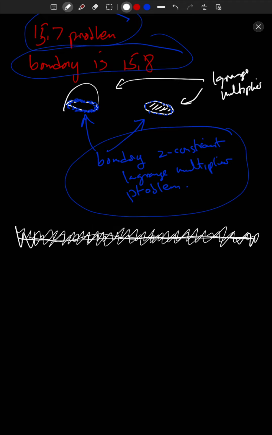So this kind of stuff can really test everything in the class up to now. All right. So make sure you're very, very comfortable with 15.7, and Lagrange multipliers in particular, because it's something very new. And do as many exercises as you have time for.